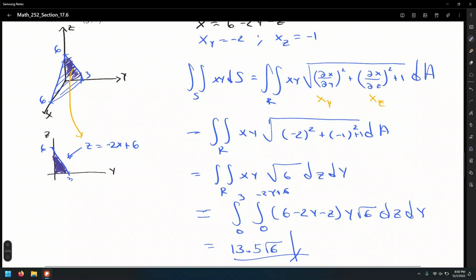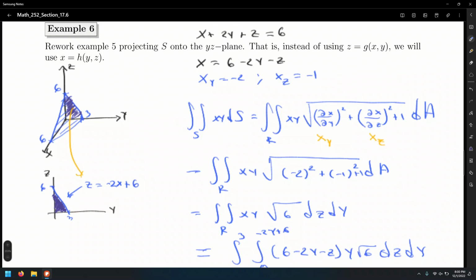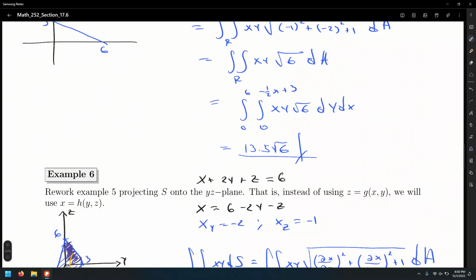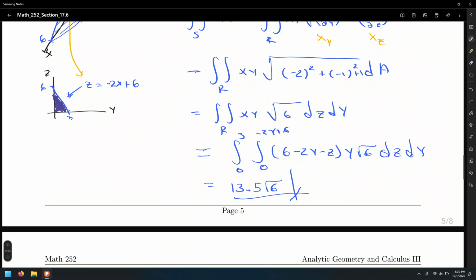This is what happens with surface integrals: we get some freedom to project one way or another. Of course, the consequence is that one setup might give an integral that's harder to evaluate than another. For example, the projection onto the xy plane is really easy to compute, as opposed to this one, which is not that bad but has more terms to take care of, so it's a little more work.